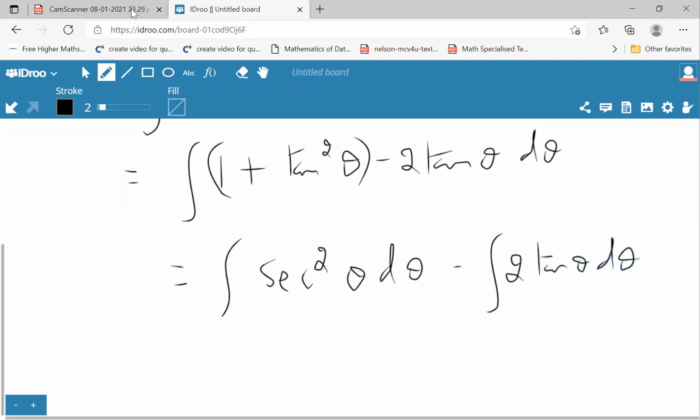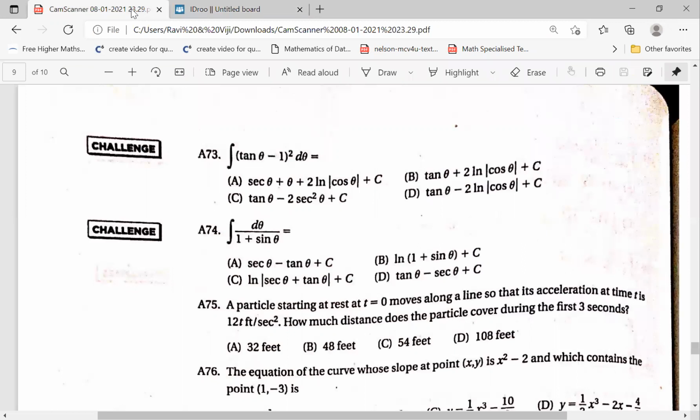Now we know integration of secant square theta is nothing but tan theta, and integration of tan theta will give you minus log of cos theta. So minus of minus will become a plus, so 2 log of cos theta plus c. So we can see that option D is correct. Tan theta plus 2 log cos theta plus c is the correct answer.